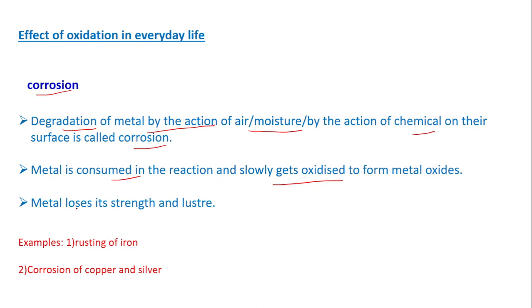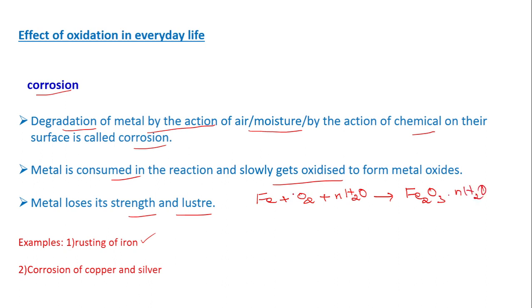As a result, metal loses its strength and luster. For example, rusting of iron. So what happens when iron articles are kept outside for a long time? It slowly gets oxidized in presence of oxygen and moisture present in the atmosphere to form hydrated form of ferric oxide.